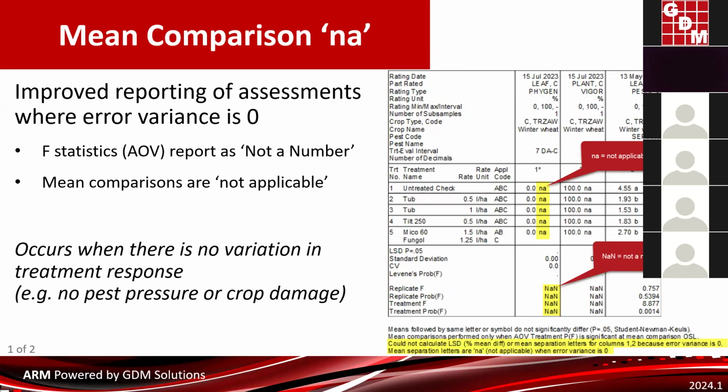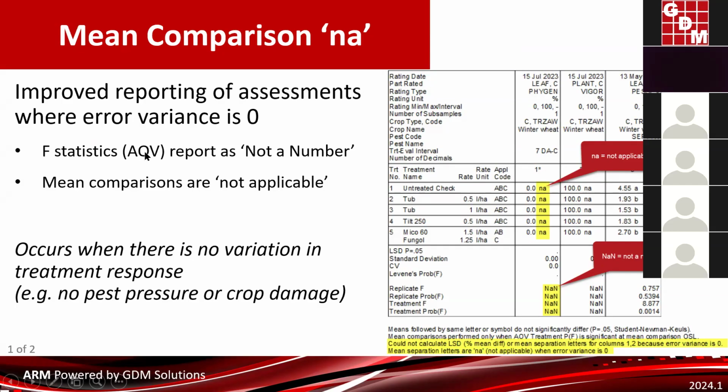Previously, we just displayed all A's or no significance on the report, and you would end up with zeros and ones for the F and the probability because there was nothing to calculate. And so this change was to try to make it more clear that this really is different. It's a different type of result because there is no statistical result that we can present.